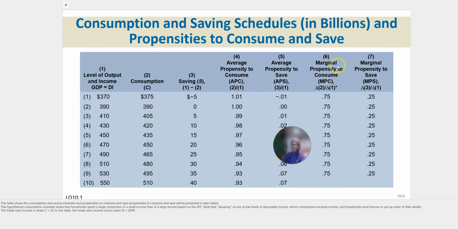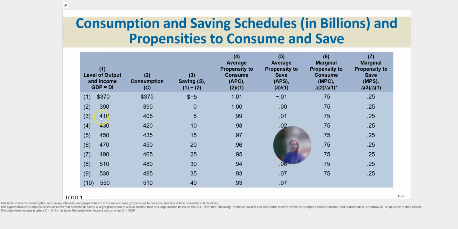But there's something else at the margin. If we get an extra 20 billion, see 20 here, 20 here, 410 to 430, 430 to 450, what do we do with the extra money? Well, we got an extra 20, and we went from consuming 375 to 390, 15 of the 20.